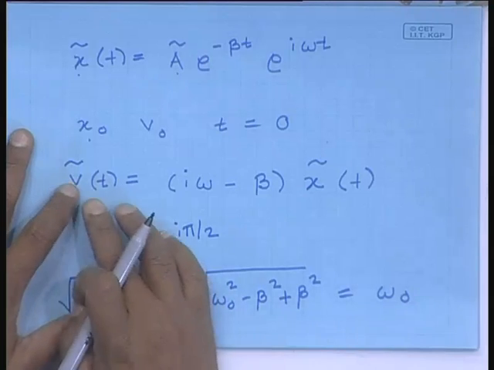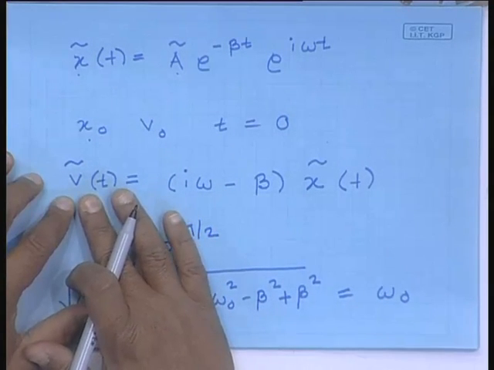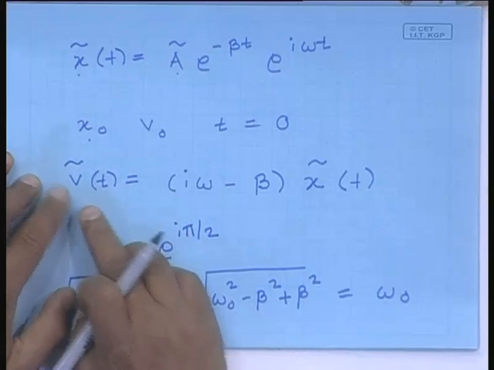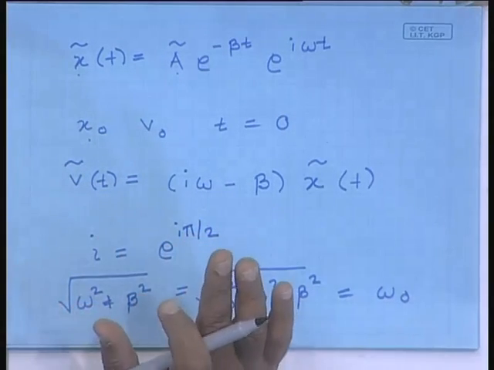And when you ask a physical question, what is the actual velocity of the particle, you have to only consider the real part of v tilde. That is the rule. When you are representing real quantities using complex variables, the moment you ask a physical question, you have to only take the real part of the complex variable.